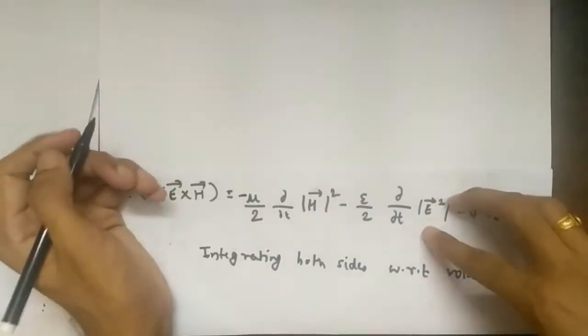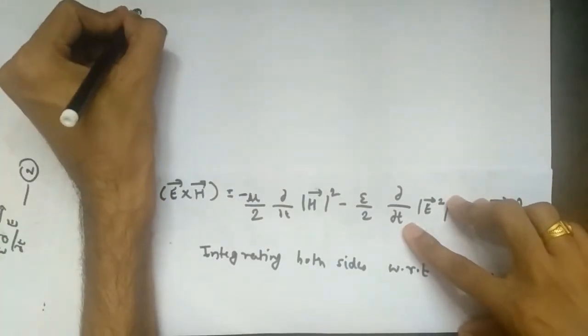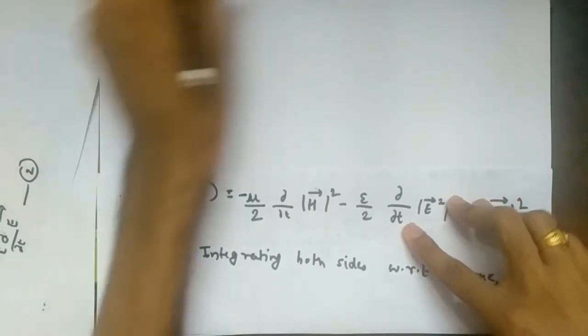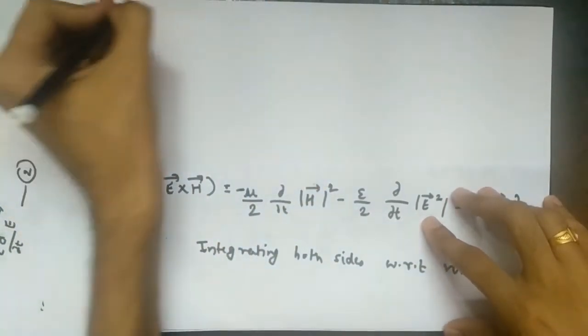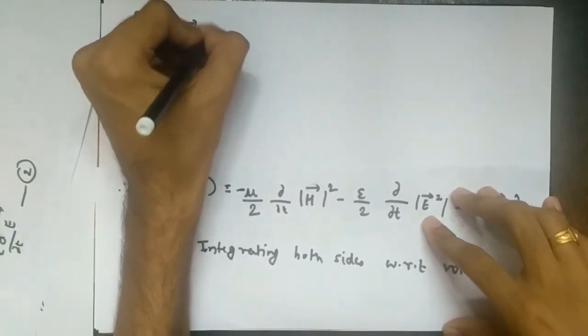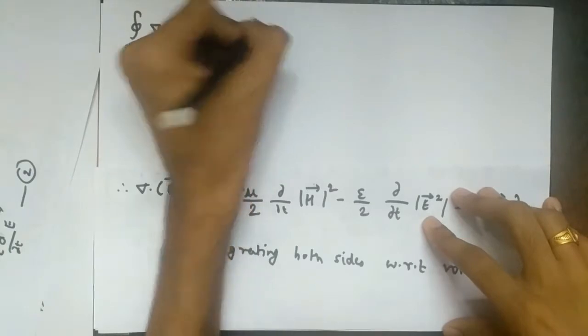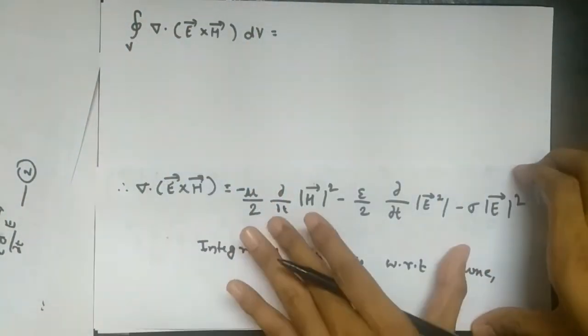Yes, right? So what will we get? We are integrating with respect to volume. So therefore, closed volume integral of del dot E vector cross H vector dv, right, equals volume integral of this.